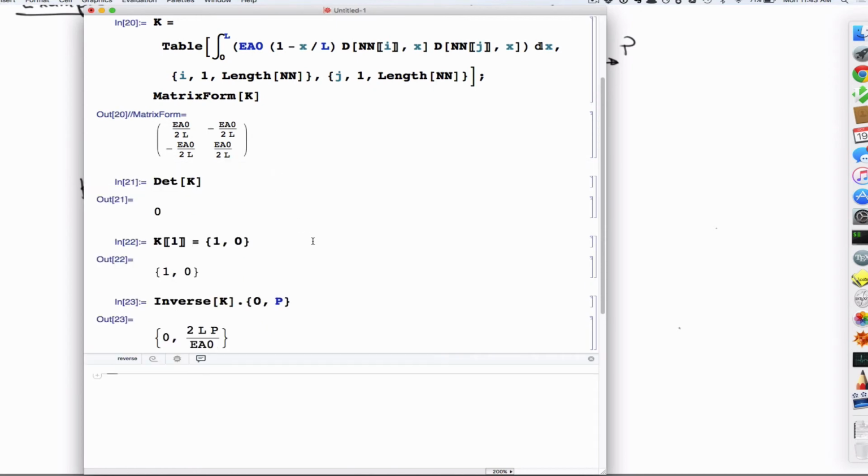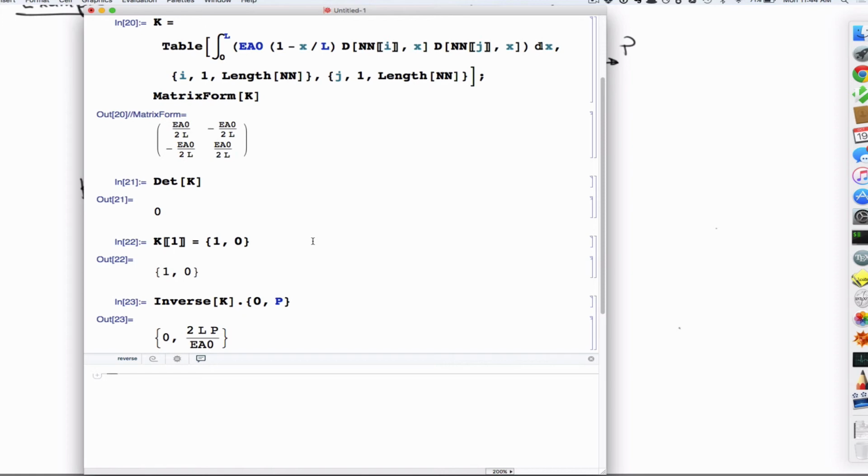So this would be for a conic section, or a triangular cross section. Then if A0 was your original area at the base, and it went to a point at L, this would be the displacement, right?